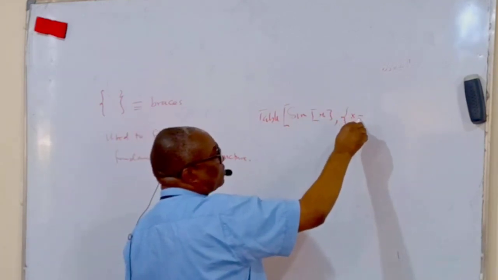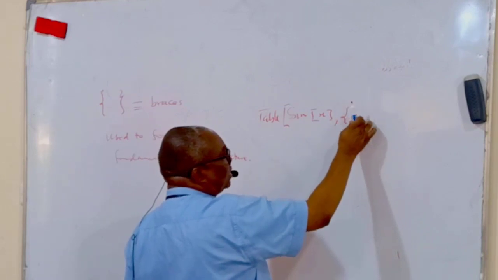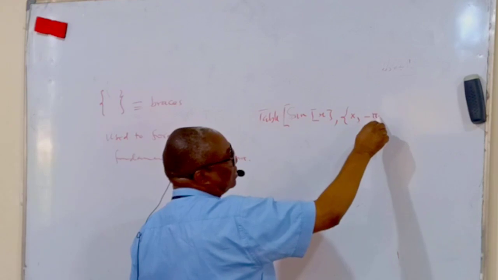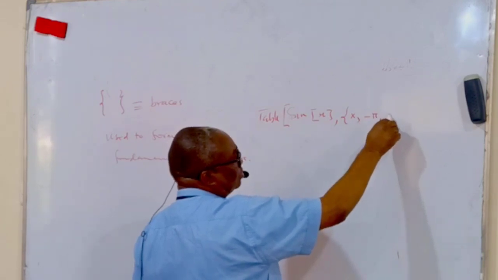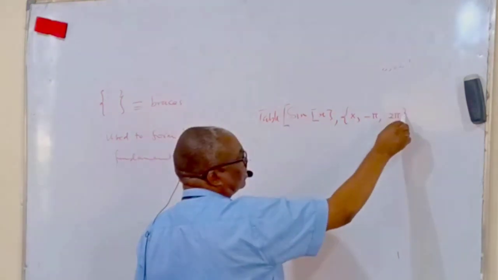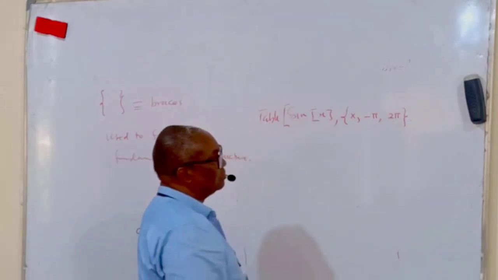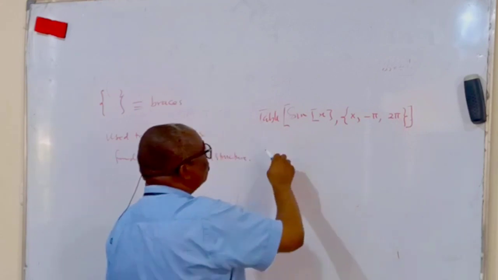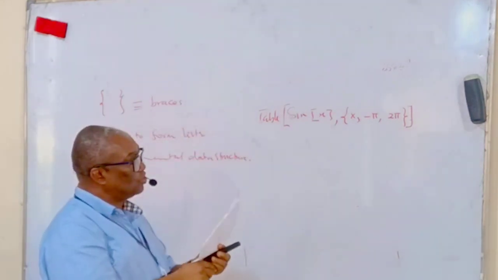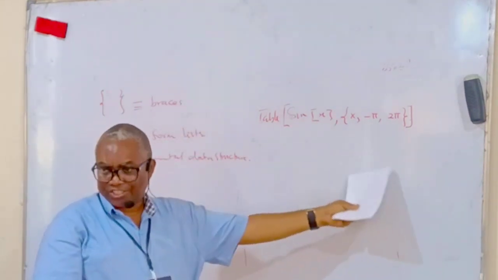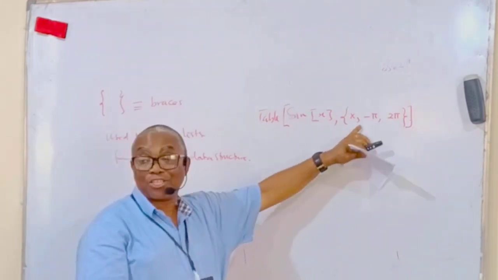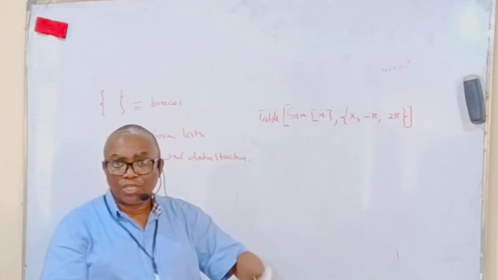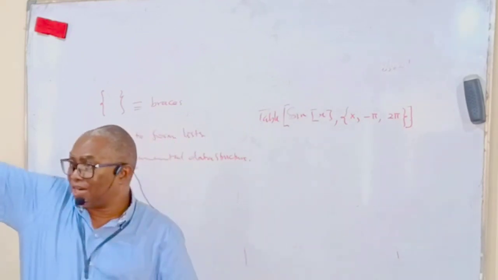From x equal to, instead of equality, I'll put it from minus pi to 2 pi. For example, I will close. This will give me the values starting from minus pi. I can modify it. This one will give you this with a comma straight.